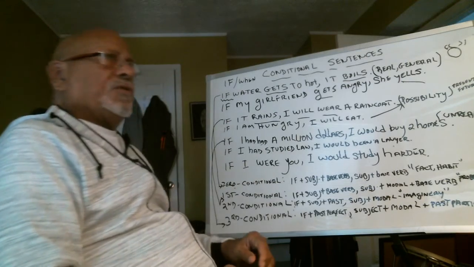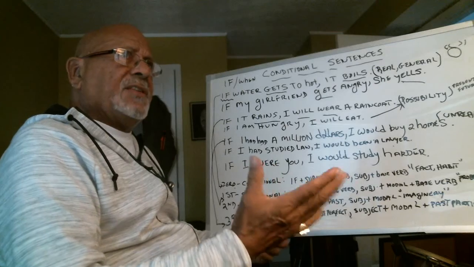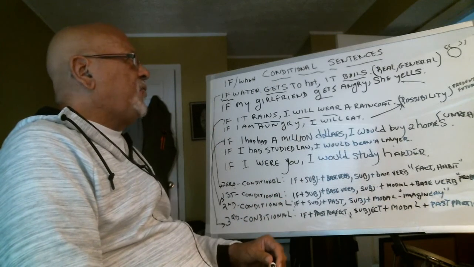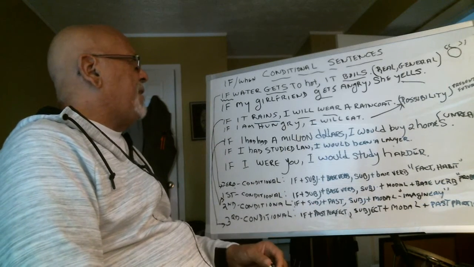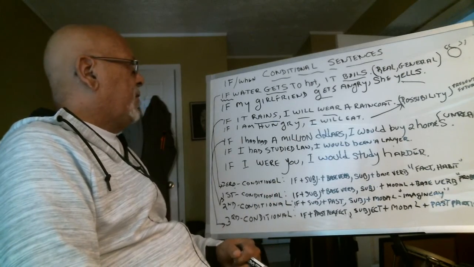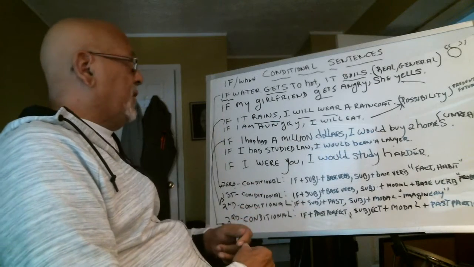So those are general truths. They could be scientific or they could be a habit. The first one is scientific: if water gets too hot, it boils. The second one is a habit: if my girlfriend gets angry, she yells. That's a habit she has. That's not true anyway, but I just made the sentence up.